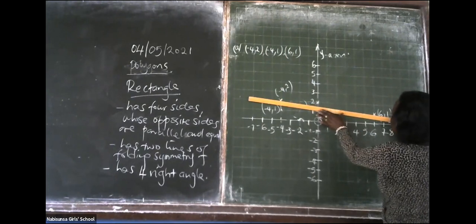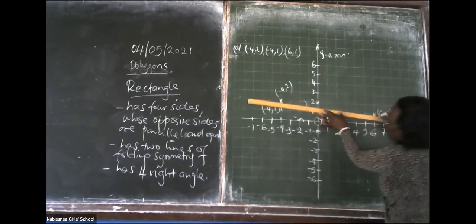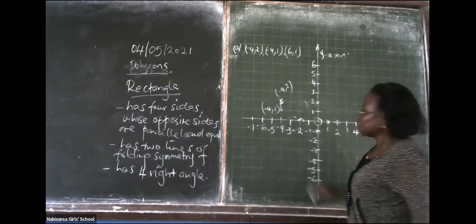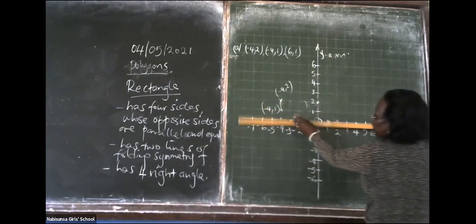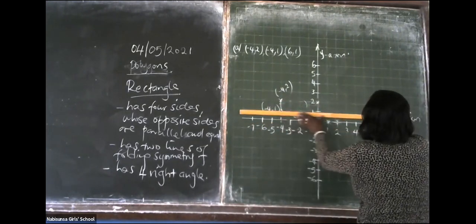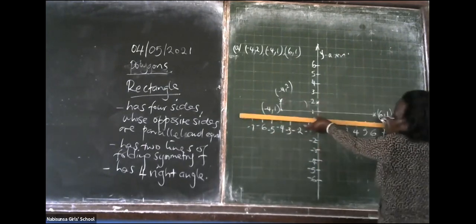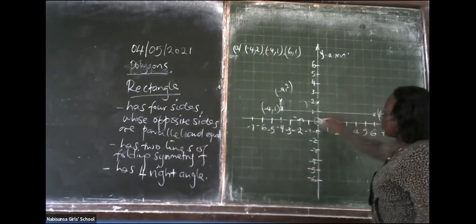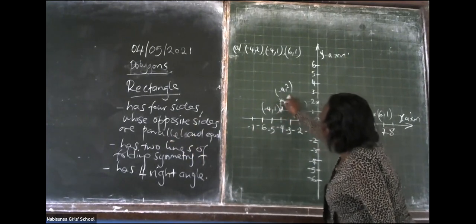Would that angle be 90 degrees? No, that angle is not 90 degrees. Therefore, we join the second point to the third point in order to achieve a right angle. This is 90 degrees.